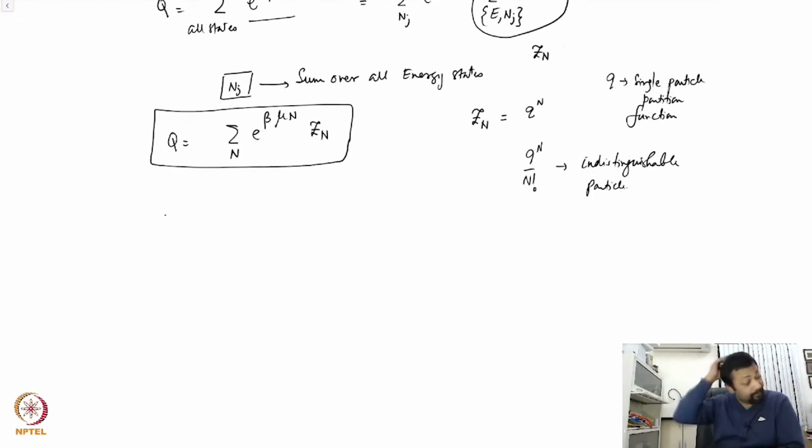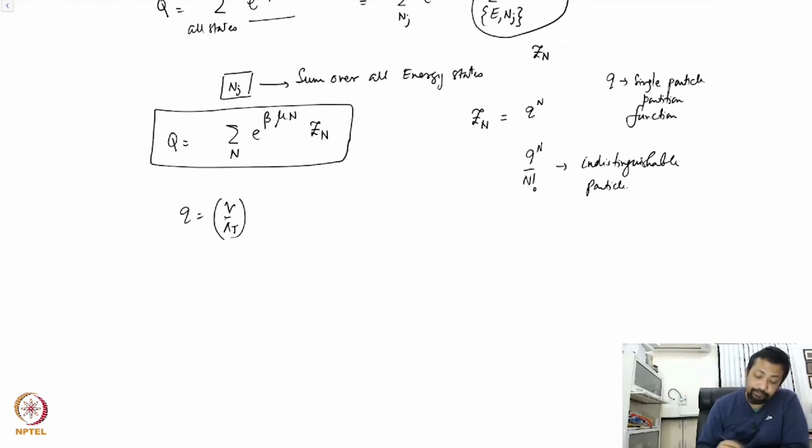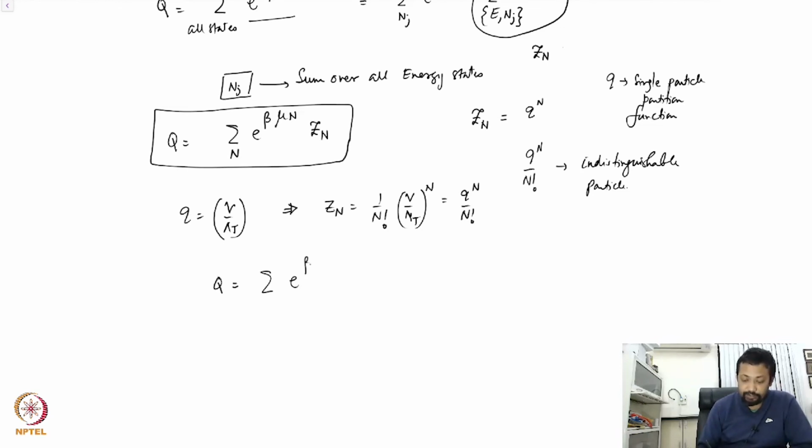So for example, when we looked at an ideal gas, my q was V over lambda t, and therefore this would imply that Zn was 1 over n factorial V over lambda t raised to the power n, which we will simply write as q to the power n over n factorial. And therefore your grand canonical partition function becomes the sum over n of e to the power beta mu n q to the power n over n factorial.